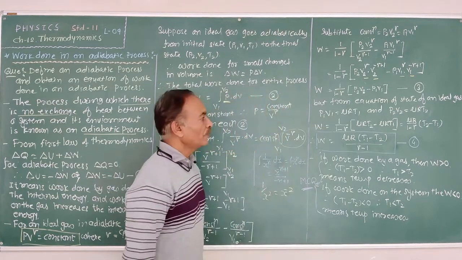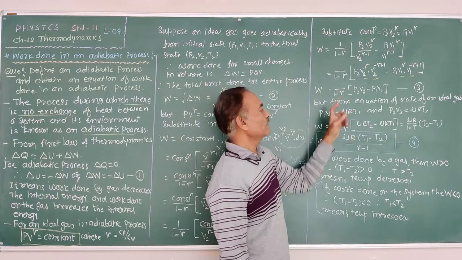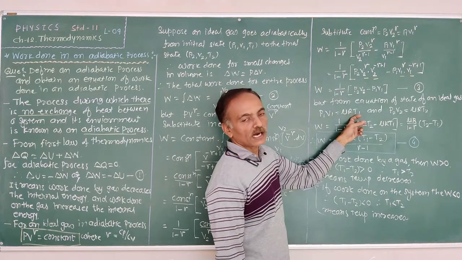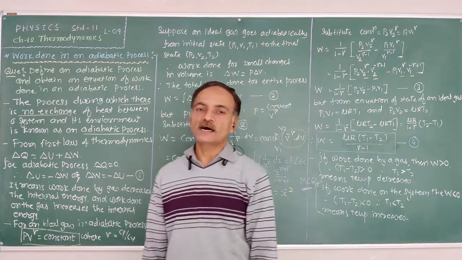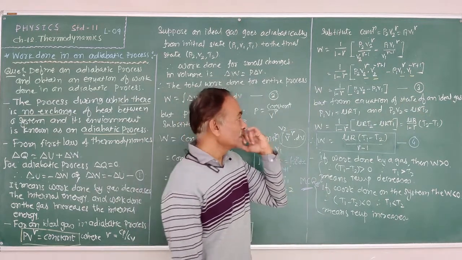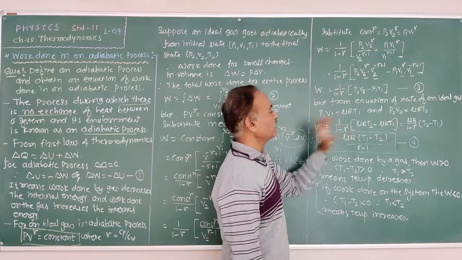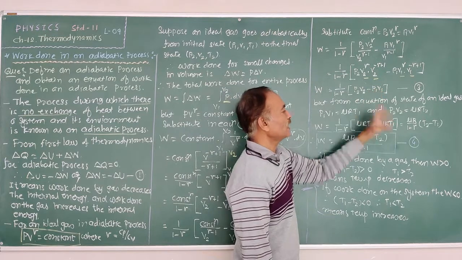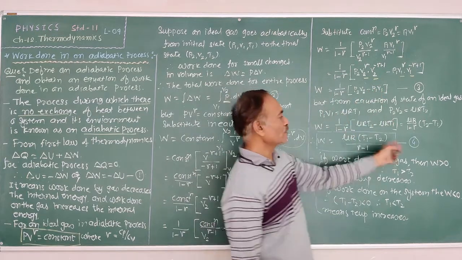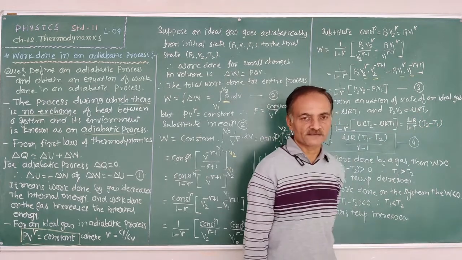Now, the equation of state of an ideal gas: P1 V1 is equal to mu R T1 and P2 V2 is equal to mu R T2. Substitute the values here. Therefore, W is equal to 1 upon 1 minus gamma into mu R T2 minus mu R T1. Mu R is common, therefore mu R upon 1 minus gamma into T2 minus T1.